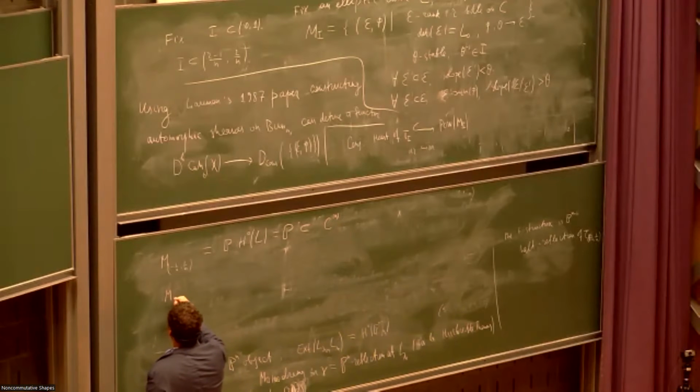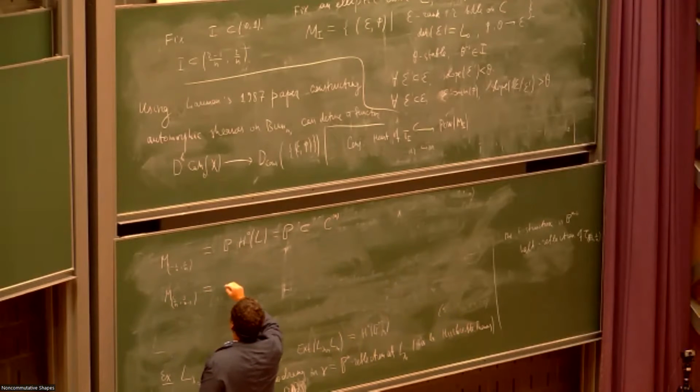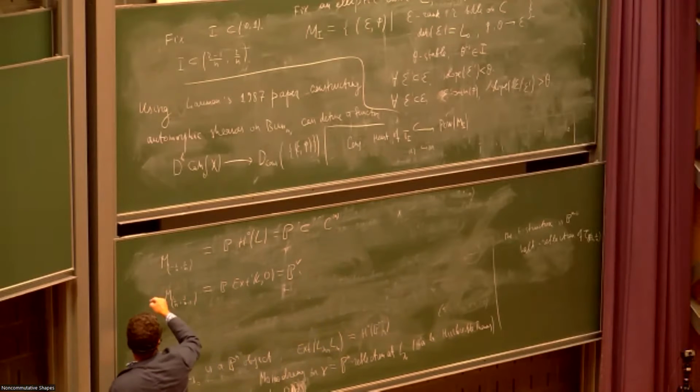And then M_{1/n,1/(n-1)}. Well, it's P of Ext^1 from L to O. By Serre duality it's just a dual space. And so from here to here, you can go by Radon transform.